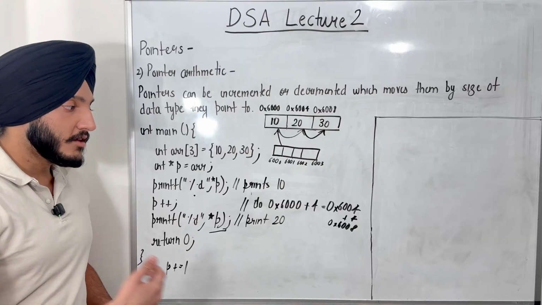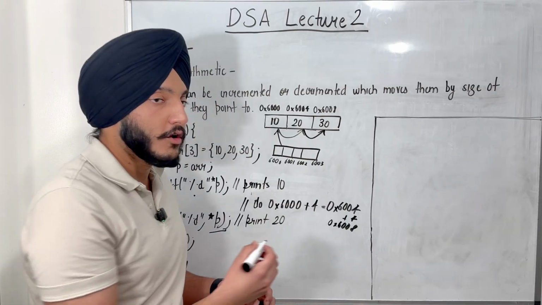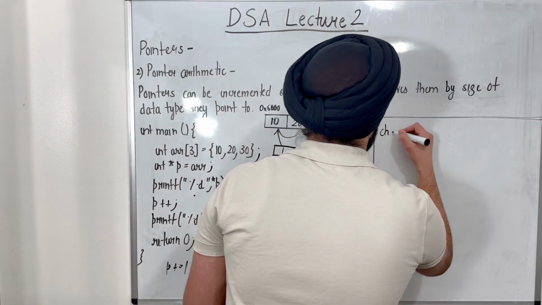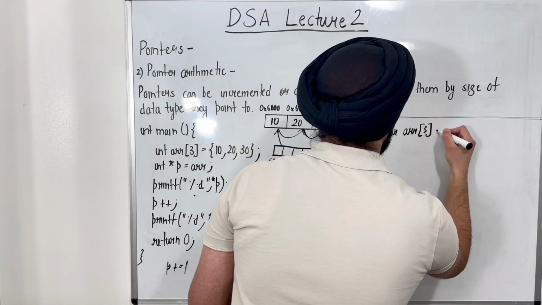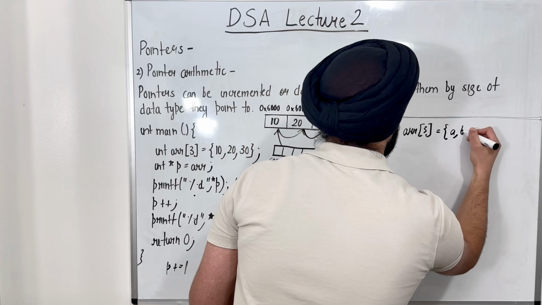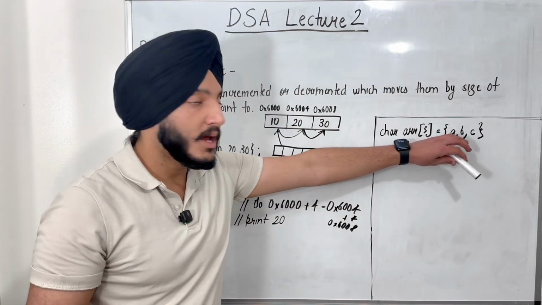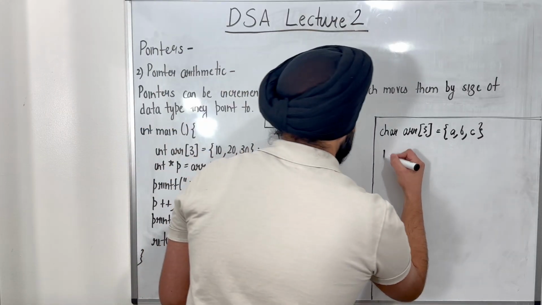So another example would be, let's say the data type was a char. Chars usually occupy just 1 byte. So let's say I have this char array A, B, C. These would actually occupy just single bytes. So this is what it would look like.